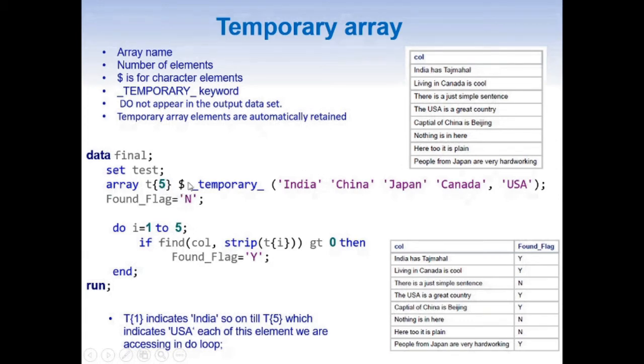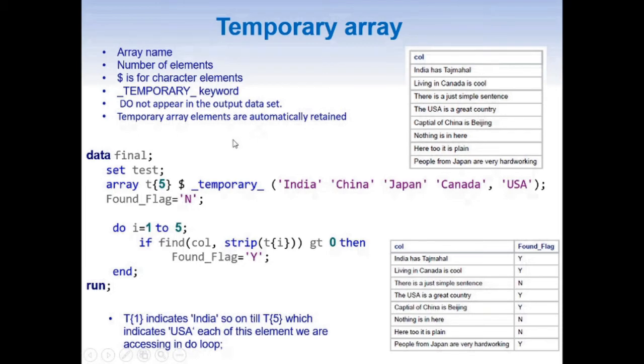And in our case we need to mention dollar because here we have 5 values, which are also known as elements, and they are character values. Here are the properties of a temporary array. They do not appear in the output dataset and they are stored in memory.